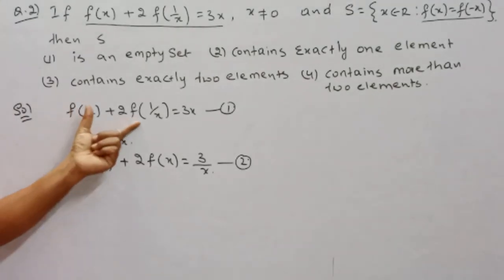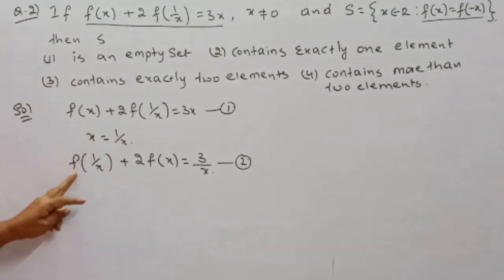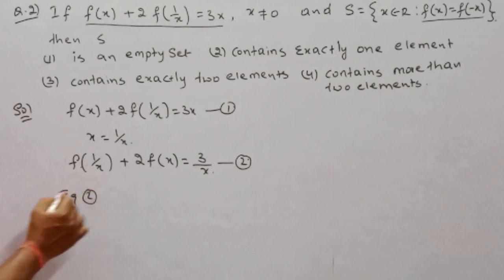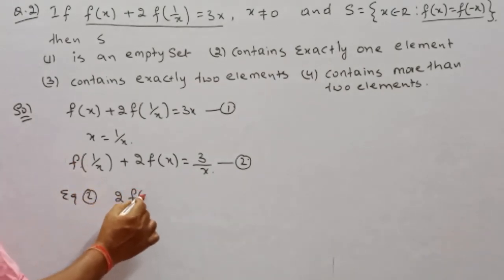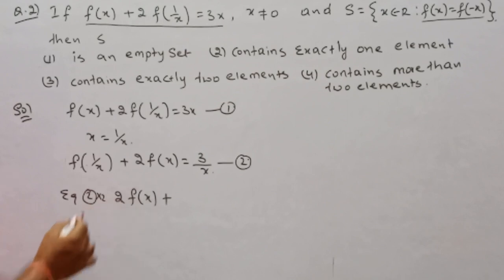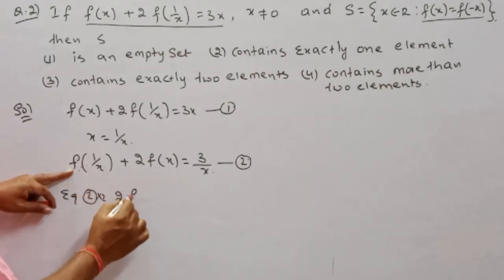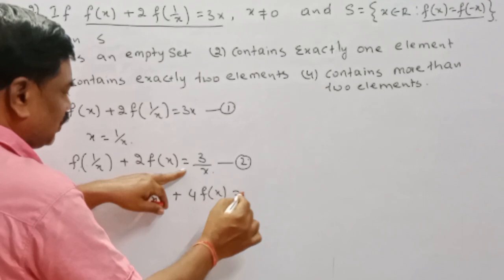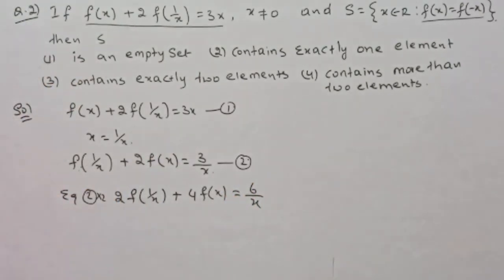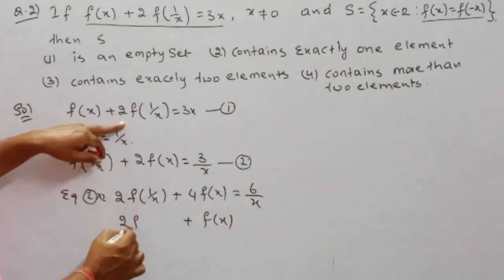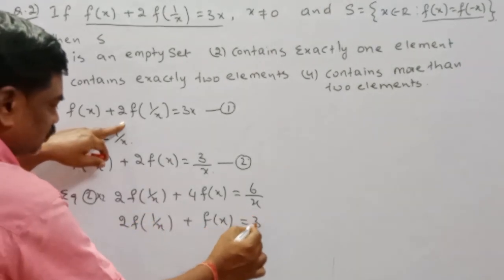So you can eliminate f(1/x). That's why you multiply equation 2 with 2: 2f(1/x) + 4f(x) = 6/x. And equation 1 is f(x) + 2f(1/x) = 3x.